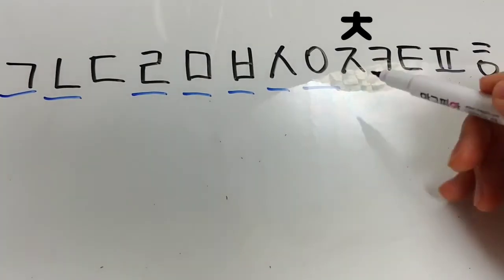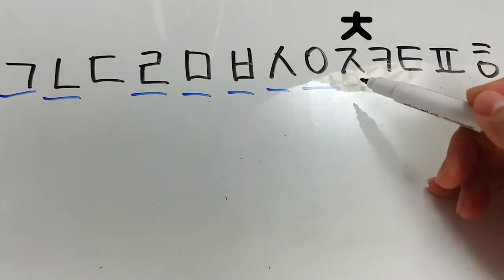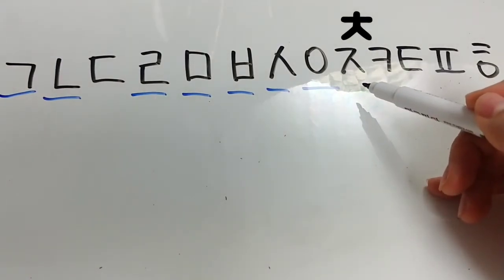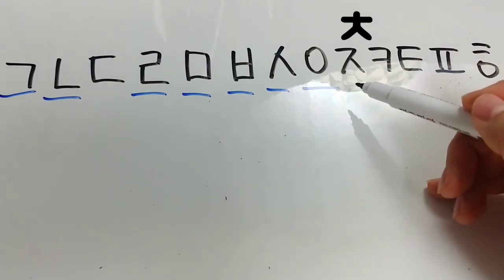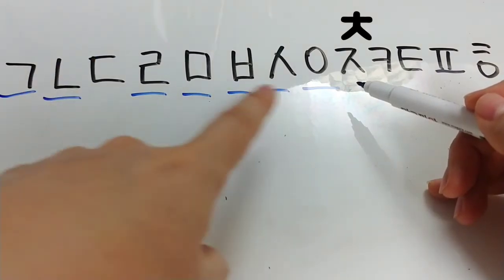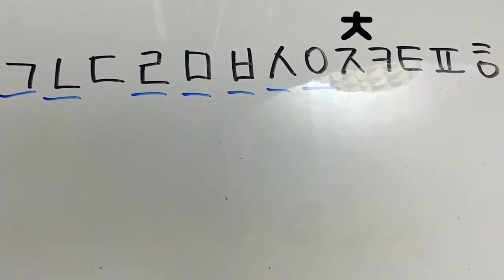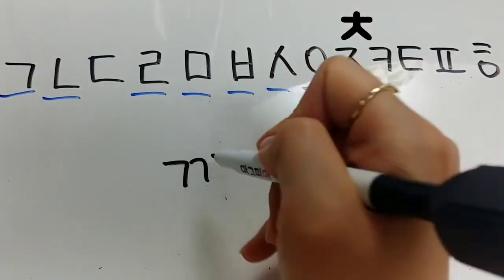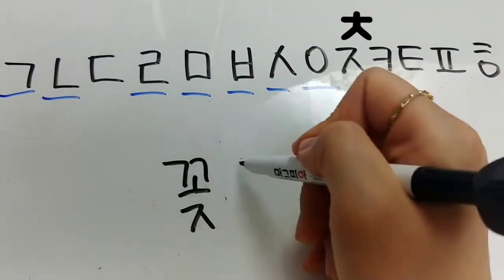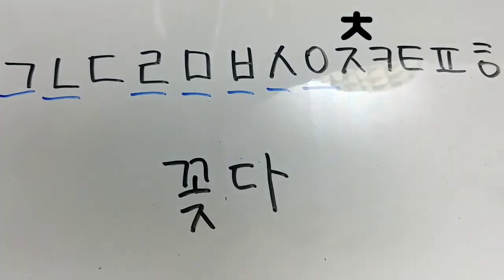And what about this? The name of this consonant is 지읒. So when it comes to the 받침, it sounds like 읏. Same as 디귿 and 시옷. For example, how can we read this?